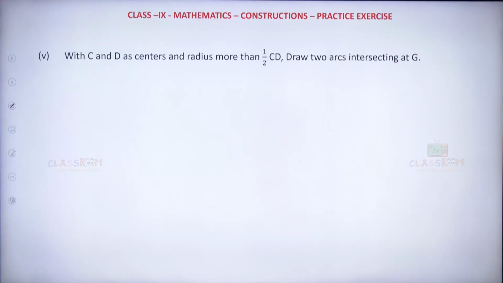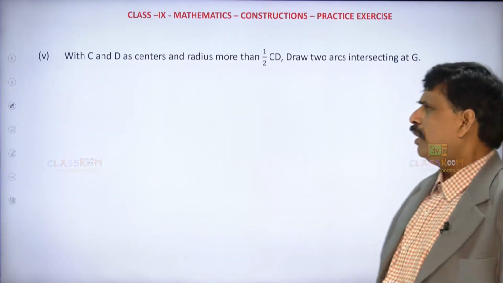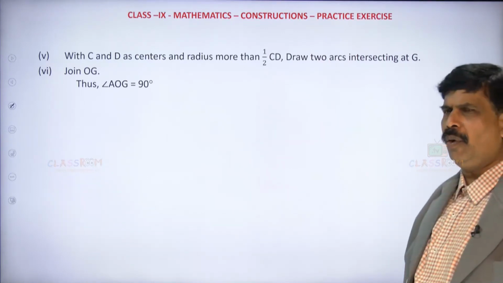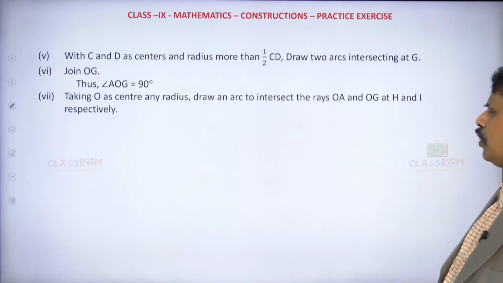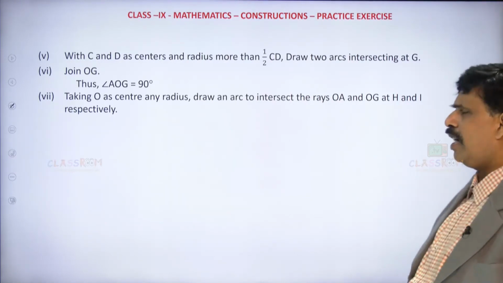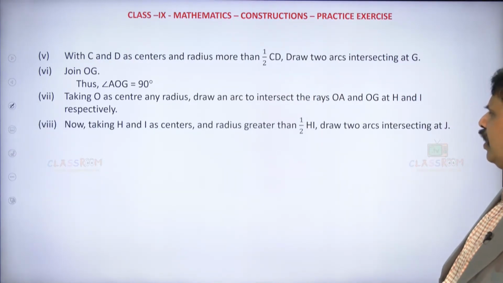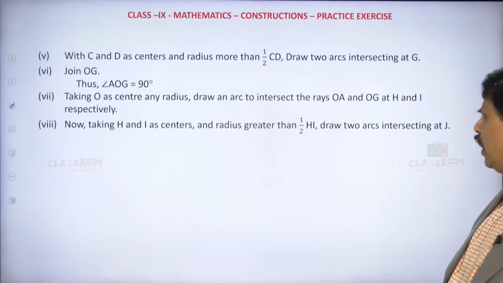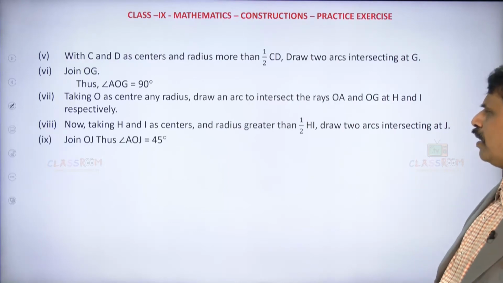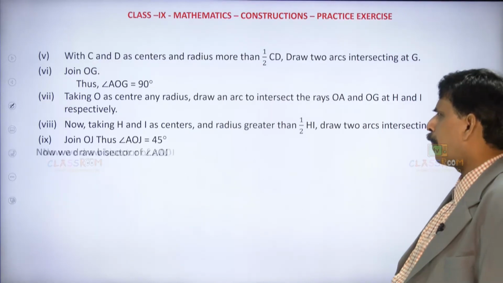So with C and D as centers and radius more than half CD, draw the two arcs intersecting at G. So join OG, that we get AOG 90. Now taking O as center and any radius, draw an arc intersecting the rays OA and OG at H and I respectively. Now taking H and I as centers and radius greater than half HI, draw the two arcs intersecting at J. So join OJ so that angle AOJ is 45.